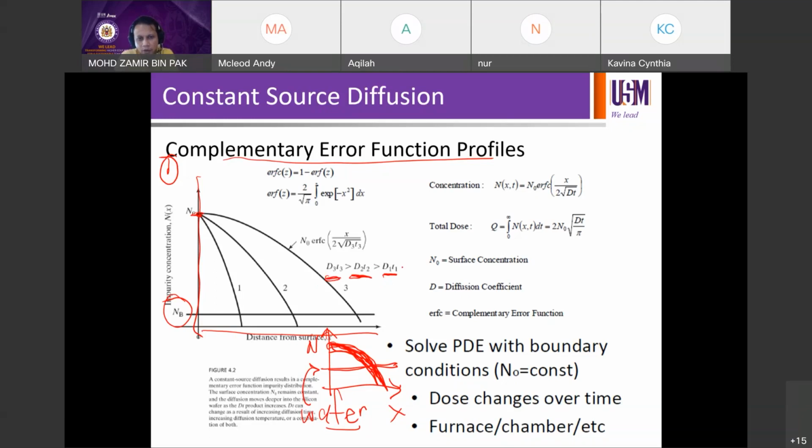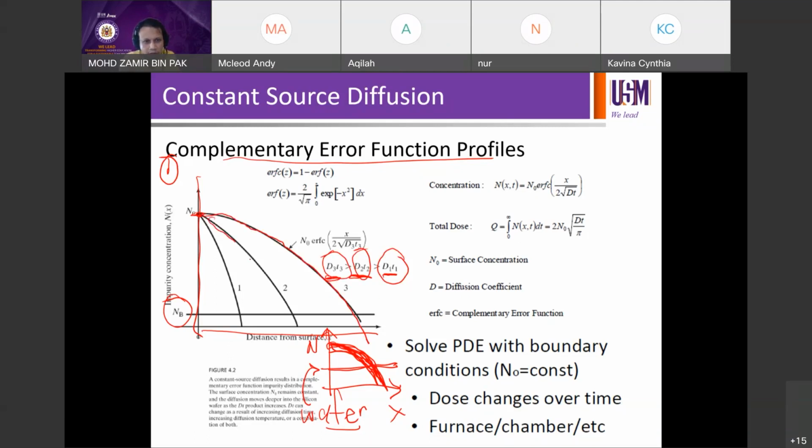Process number 1 takes about 20 minutes. Process number 2 takes about 40 minutes. Process number 3 takes about 60 minutes, for example. And then at the same diffusivity, your D3T3 here, the product of DT will be more than your D2T2.